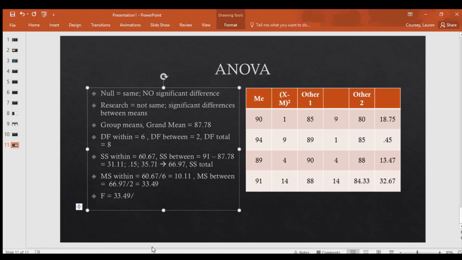So this is giving us that ratio. So my between group variation is 33.49. My within group variation is 10.11, which gives me a final F test statistic of 3.31. So I want to compare this value of 3.31 to my F critical value, the value that I obtain from an F table. So let's do that now.